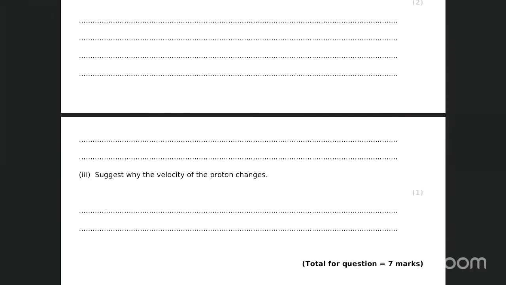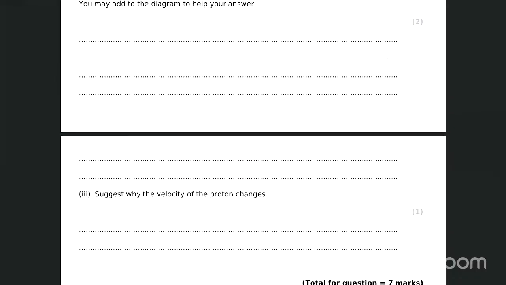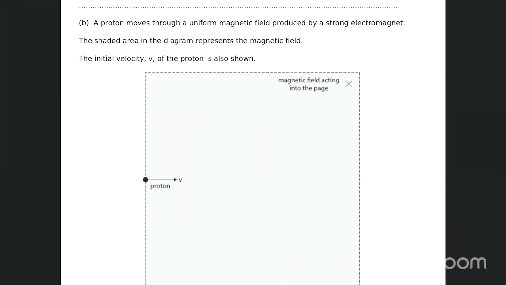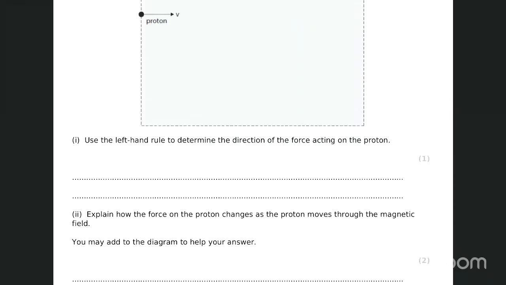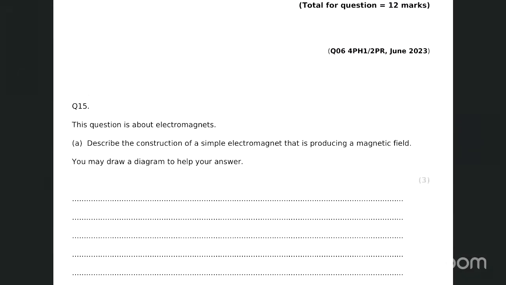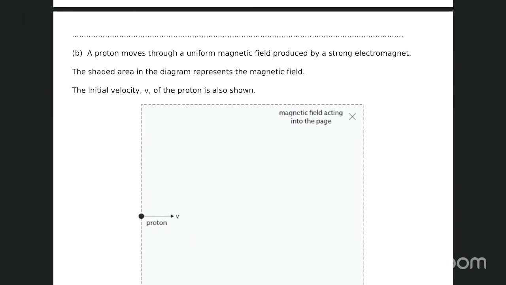Suggest why the velocity of the proton changes. Right. So try to get the answer for this section. I will give you a few more minutes. Only part B, question number 15.